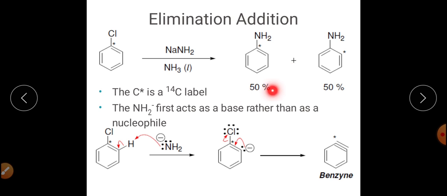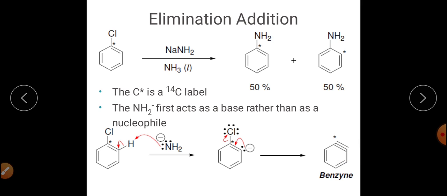How can we see it? We can see that in the first step, this particular NH2 negative will abstract the proton, and this will form the C negative, which further will form the benzyne with the elimination of this particular chlorine. So in this benzyne, we can clearly see that this is the isotopically labeled carbon, and this carbon is not isotopically labeled.